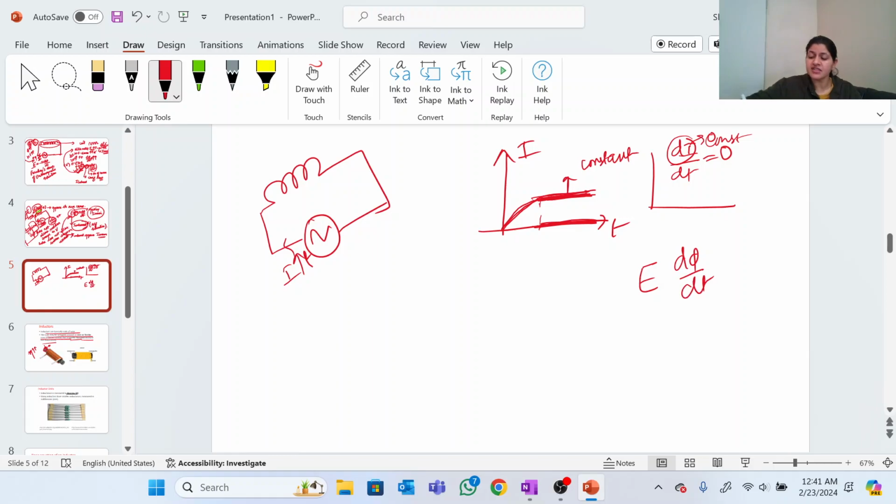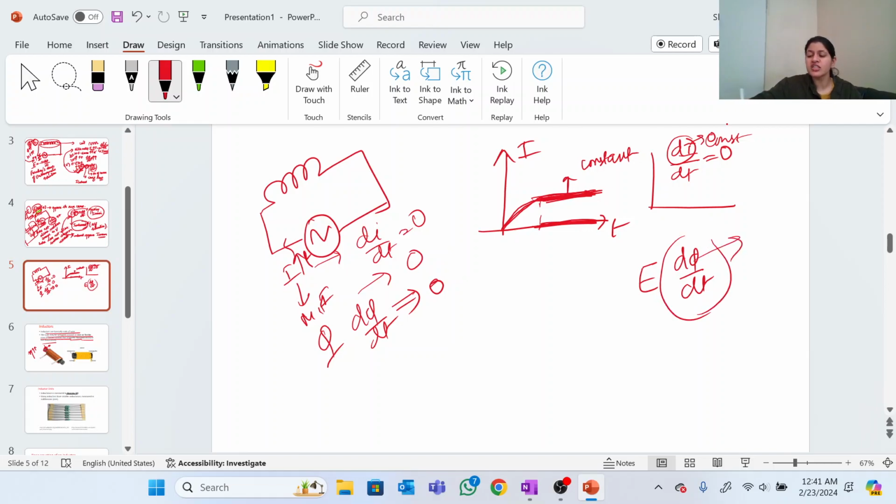Similarly, because eventually this current gives rise to a magnetic field, and that gives rise to phi, and that gives rise to d phi by dt. So when the current is constant, di by dt is 0, and this d phi by dt will also be 0, because there will be no change in flux with time. So what happens in this duration is that we have stopped supplying the main source current, right?